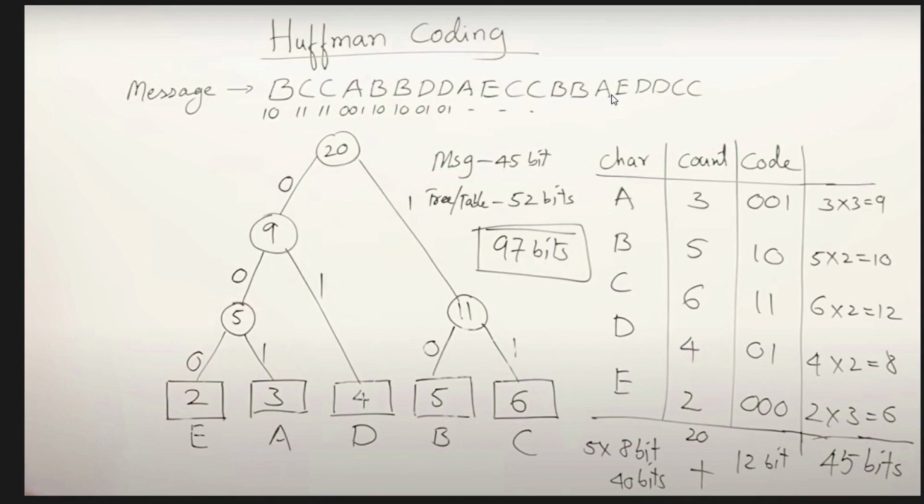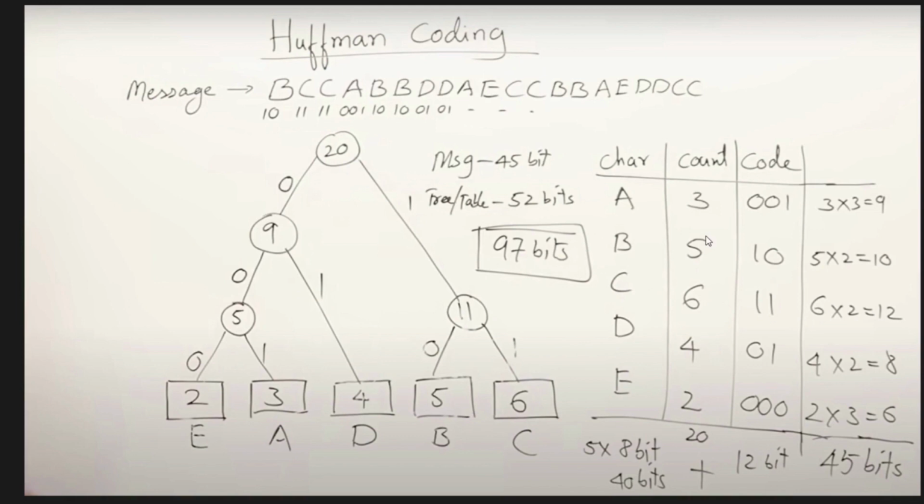So now let's see. I have made a table: character, count of the character, and the code associated with each character. The total characters are A, B, C, D and E. A is repeated 3 times, B is repeated 5 times, C is repeated 6 times, D is repeated 4 times, and E is repeated 2 times in the message.